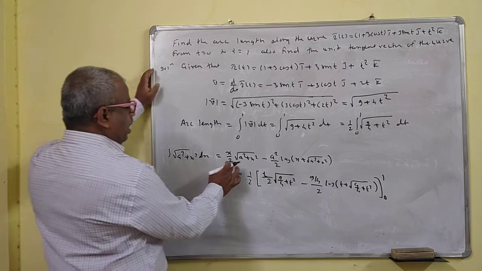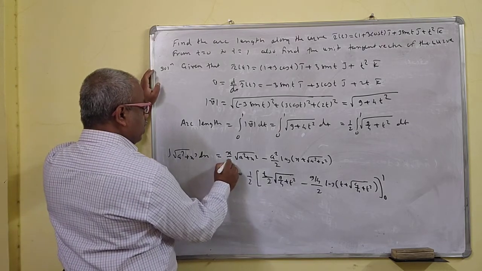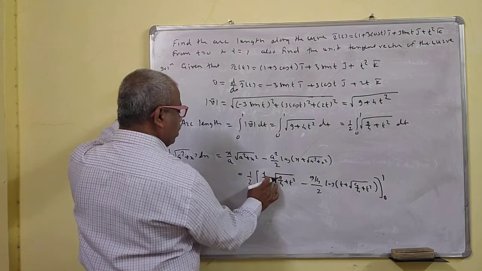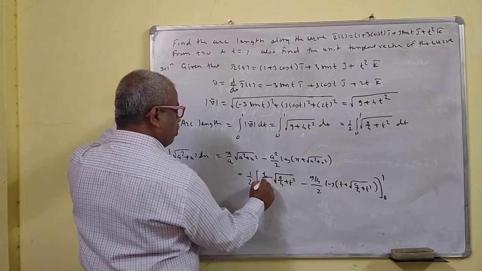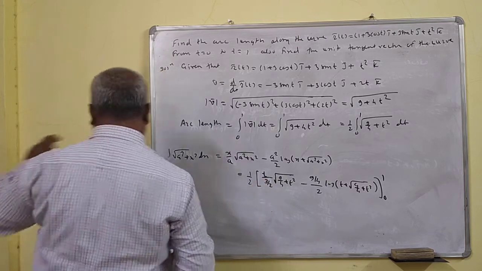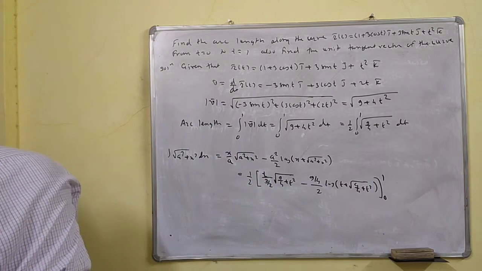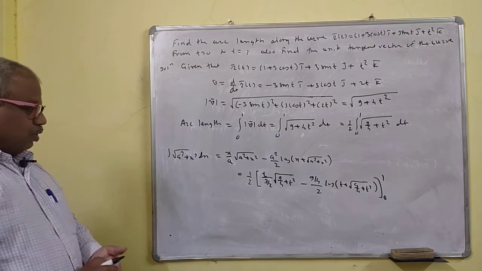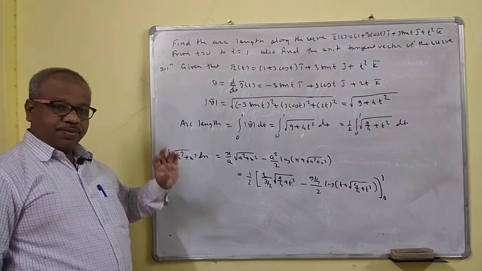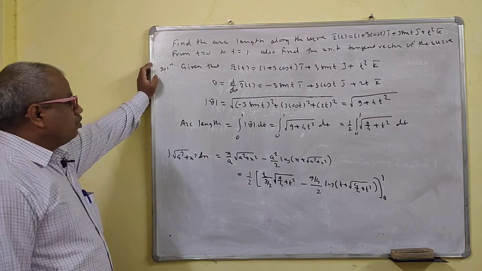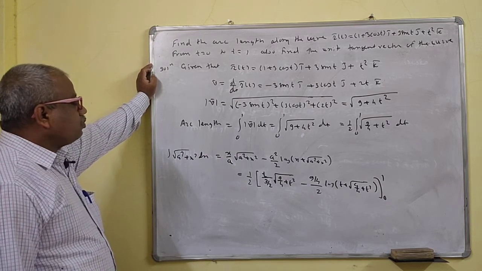Oh, this is x by a, the root of this is 3 by 2. Now the formula is correct.